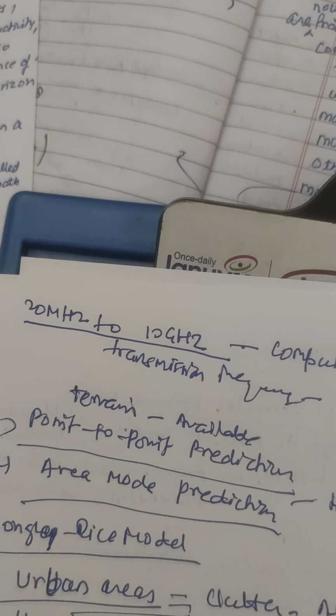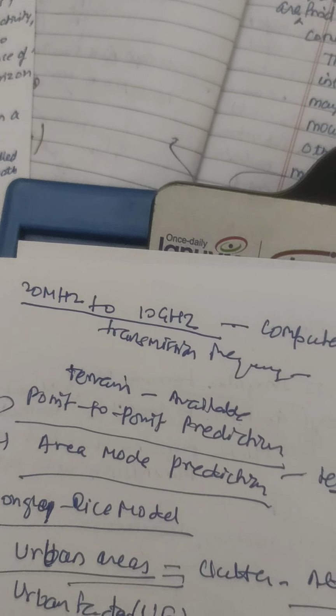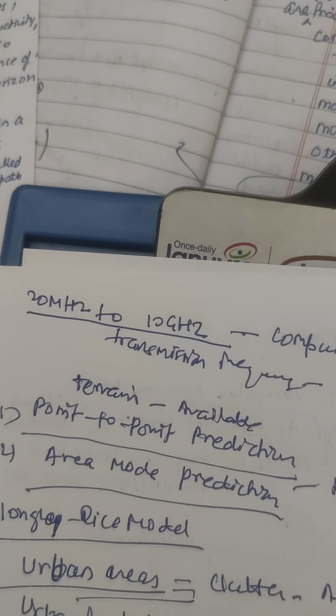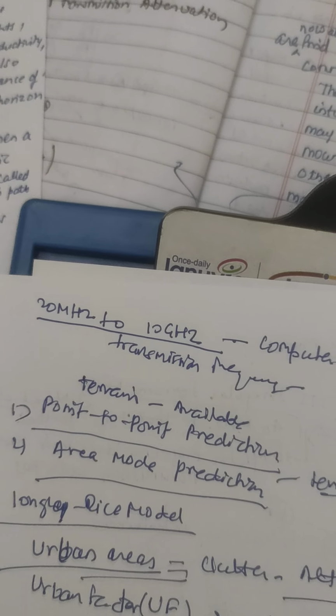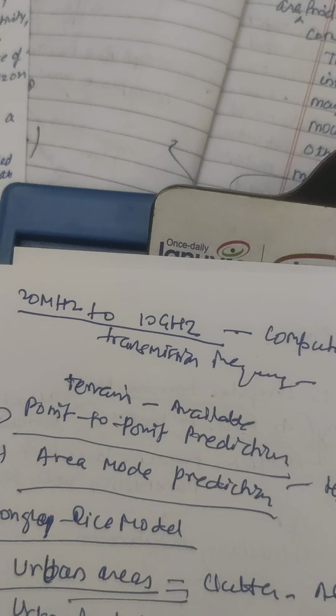And there are trees, buildings, hills, deserts, and water bodies. These are also taken into consideration.